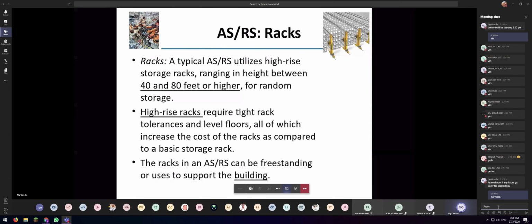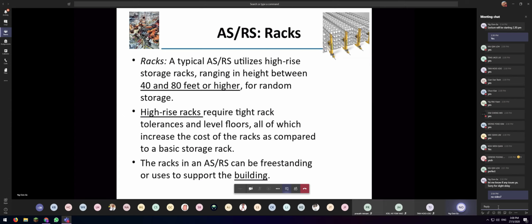Okay, so your typical automated storage and retrieval system, you use racks which range between like 40 to 80 feet or higher for random storage. If you are using high-rise racks, really high multiple story racks, then you need tight rack tolerances and most importantly a level floor.